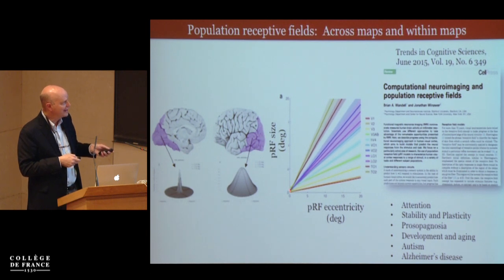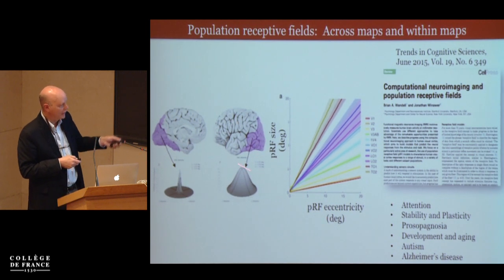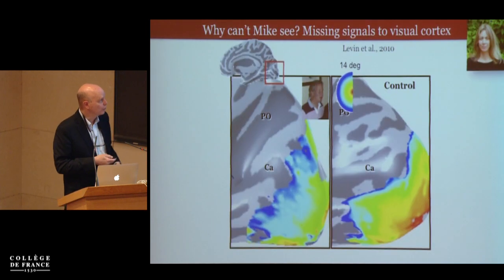Within any particular area, let's say V1, it'll rise from near fovea to the periphery. And in MT, motion selective cortex, it'll rise as well. Within each area it rises, and across areas it can be quite different. So there's a whole little industry of that.